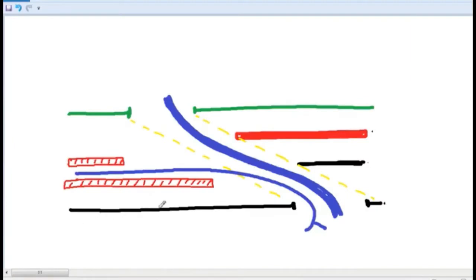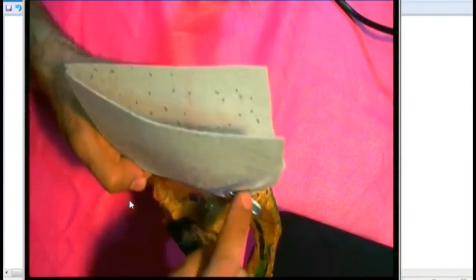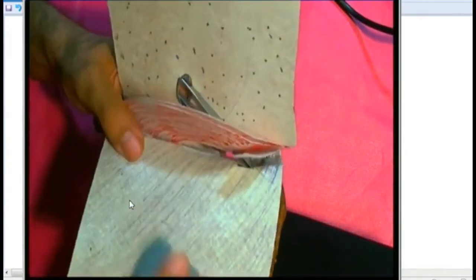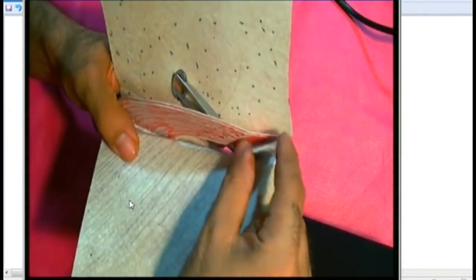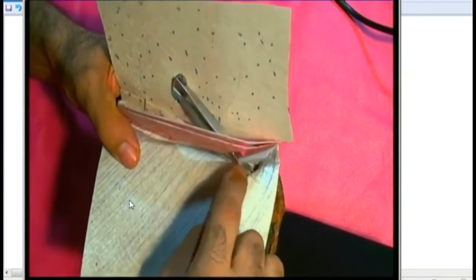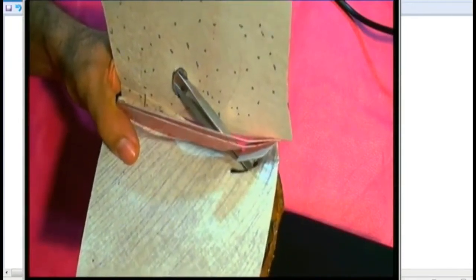You see here, this is the external oblique and superficial inguinal ring. After we cut, this is the reflected part of the inguinal ligament behind the superficial ring.